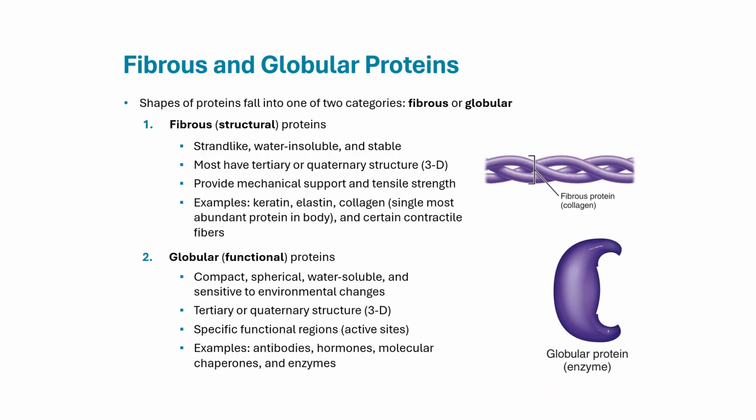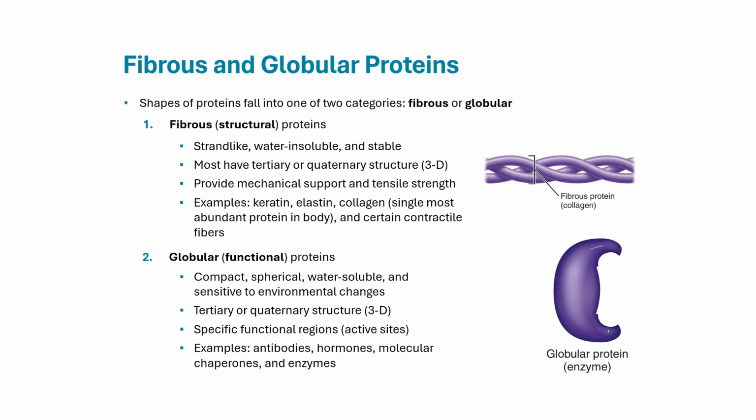It's water insoluble, so it does not break down with water, and it's pretty stable. This provides mechanical support and strength. Examples would be keratin, elastin, collagen, and some of your contractile fibers and cartilage.